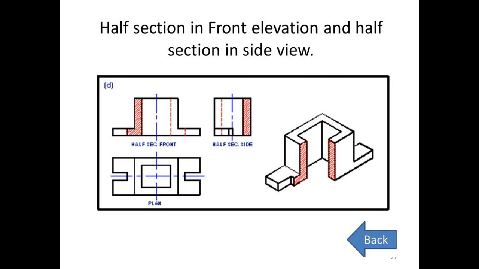Here, half section in front elevation and half section in side elevation are shown. By looking at this isometric view, again two planes are there. For the half section in front view, the section line shows the cutting plane, and when it is cut at the center, the half section front is shown here.